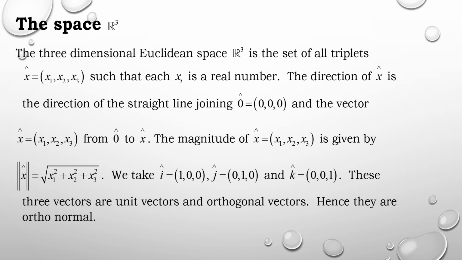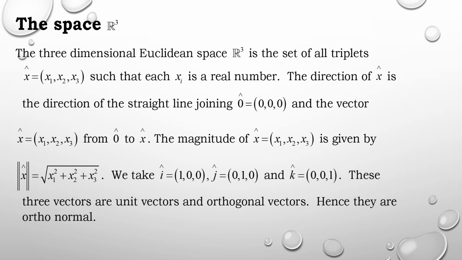If alpha is a scalar or a real number, alpha times x cap equals alpha x1, alpha x2, alpha x3. The dot product of x cap and y cap is x1 y1 plus x2 y2 plus x3 y3. Already we have seen this in the space Rn.